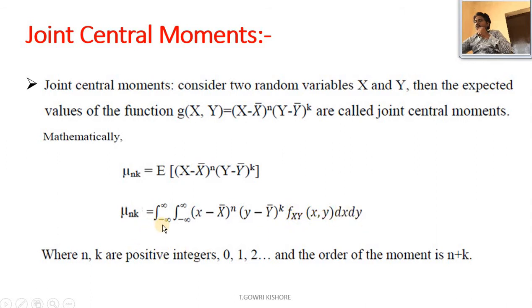So this is the final equation which represents the joint central moment, where n and k are positive integers, that is 0, 1, 2, and the order of the moment is given by n plus k.